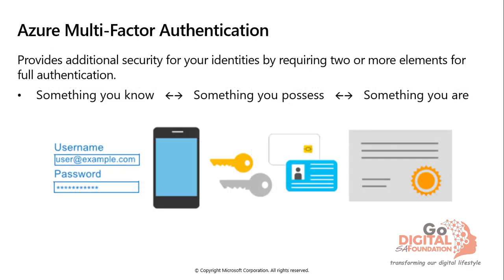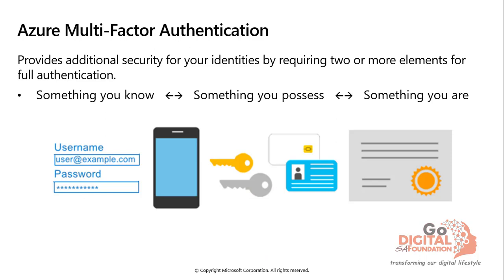And then we have what we call multi-factor authentication. Multi-factor authentication provides additional security for your identities by requiring two or more elements for full authentication. Your multi-factor authentication can be something you know, something you possess, and something you are. Something you know is your email and password.